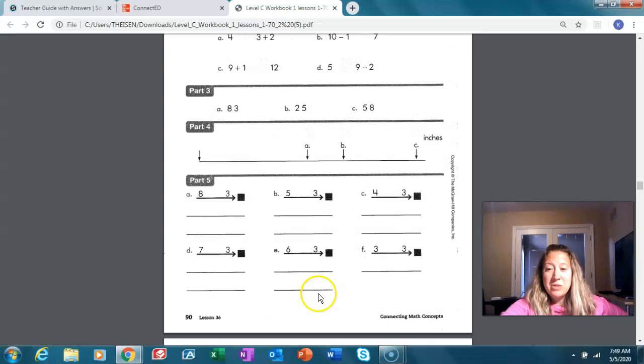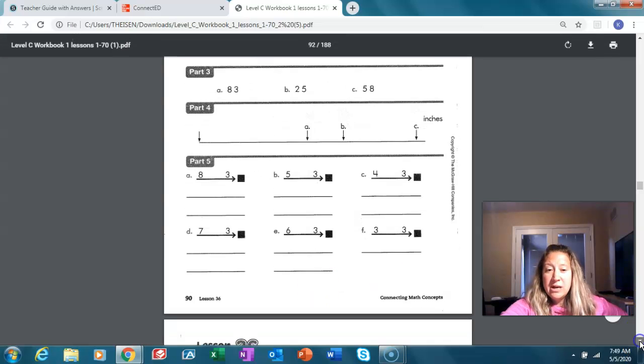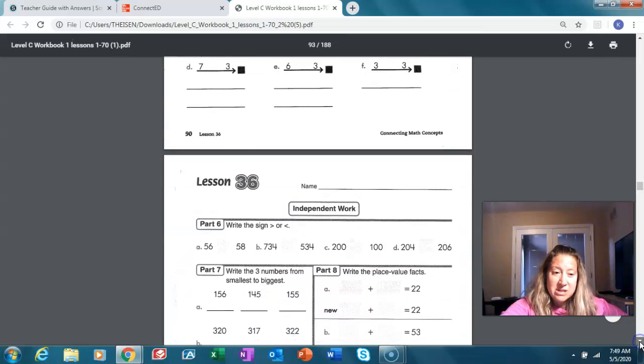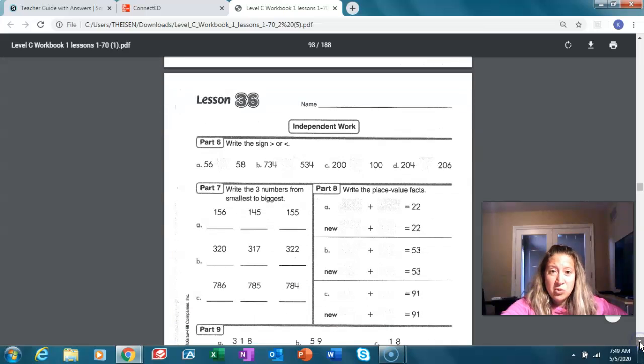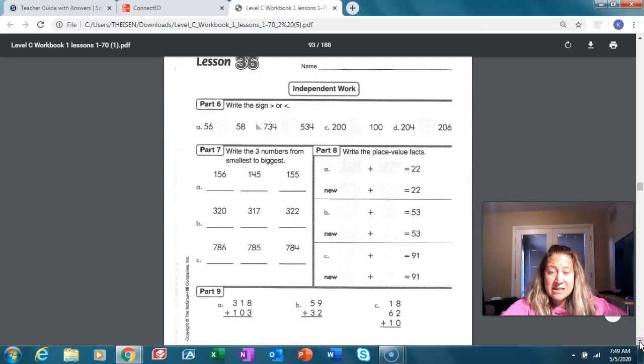Wonderful job working with me today, boys. You are going to go ahead and do the independent parts next. So you will be doing parts 6 through 13. The top part, you write the symbol between the numbers for 6. For part 7, you're going to write the numbers in order here from the smallest number, medium, and biggest.